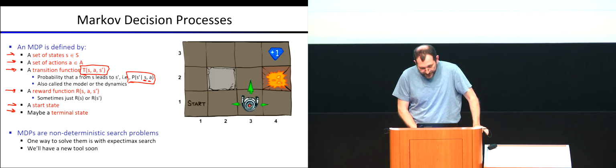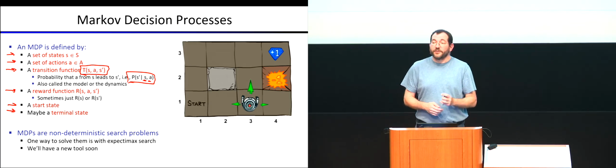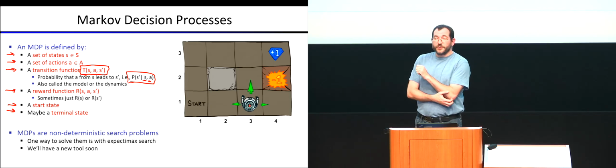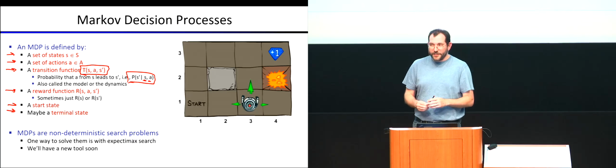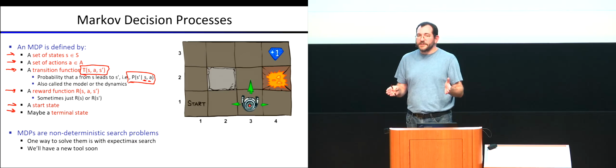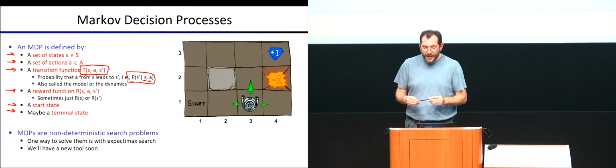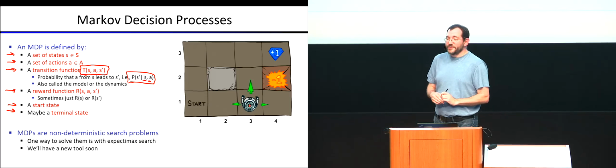So MDPs, like I said, are a class of non-deterministic search problems, and they will require a new class of algorithms to solve them. So A-star search won't do it. That's for deterministic search problems. So how are we going to solve MDPs? We're going to talk about a bunch of algorithms today and next class, and then, in some sense, the week after that as well, because it turns out that MDPs are the foundation for reinforcement learning as well. However, you actually already have an algorithm for solving MDPs.